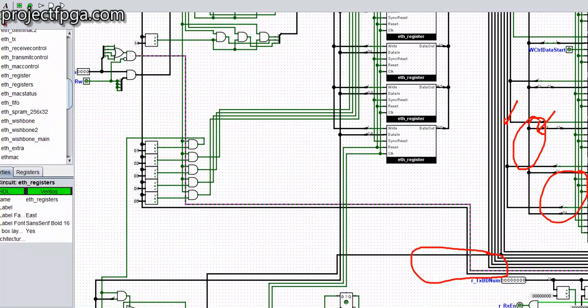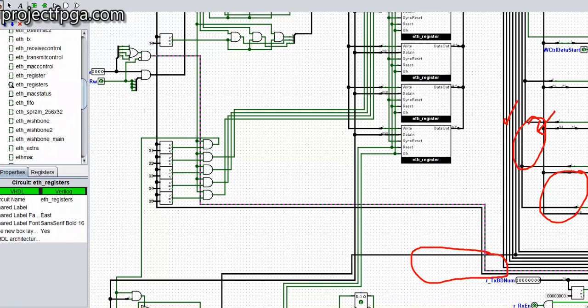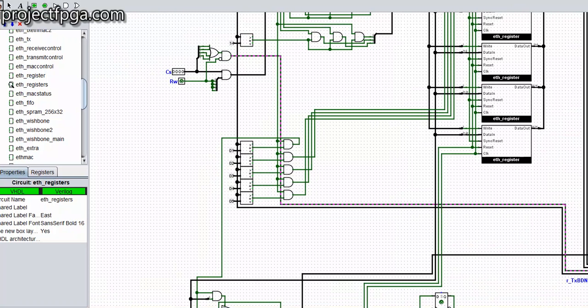So we can see it is coming from here, and that is what we call our read bit. So let me explain what happened here. Here is a very crucial part of this circuit. This is where we do our read and write here.